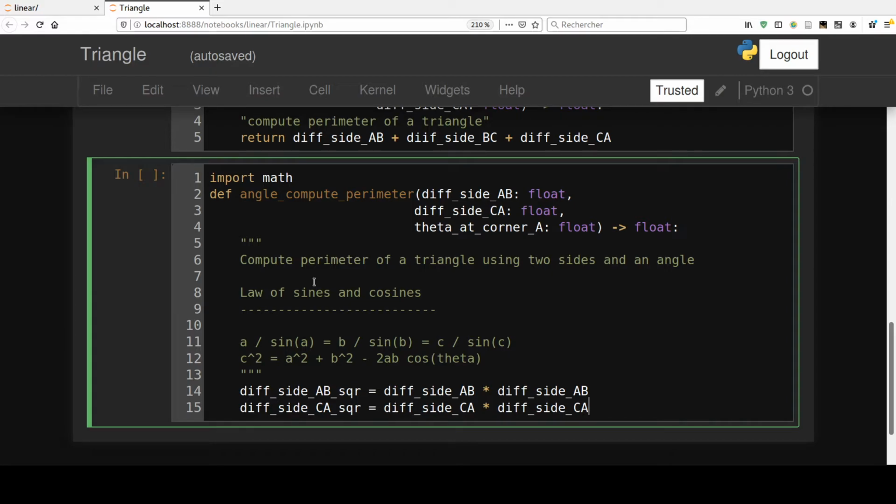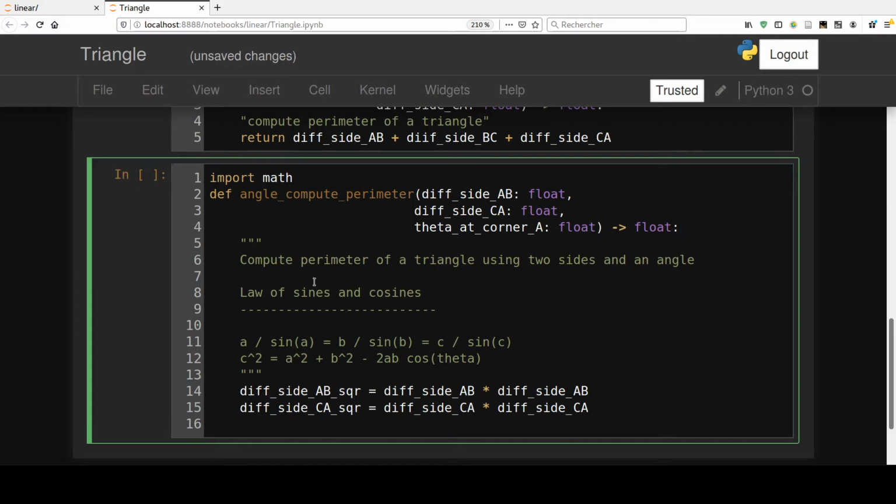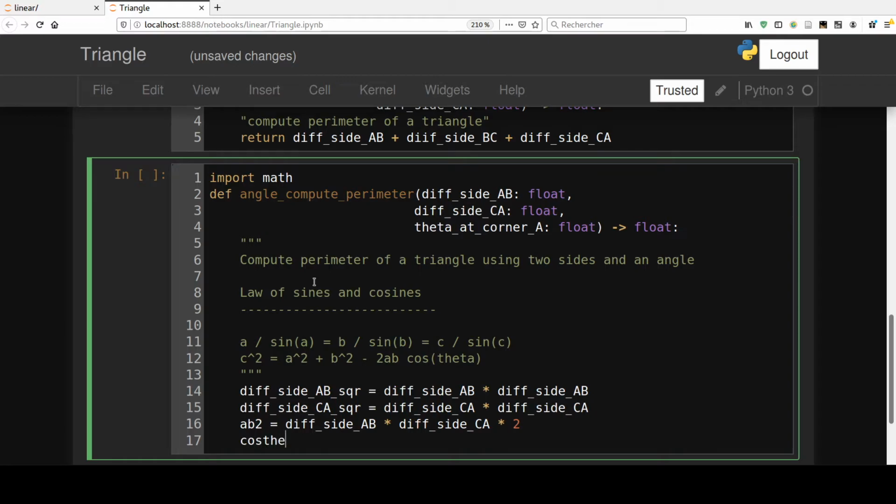So let's also compute the 2AB. AB2, this is diff side AB times diff side CA times 2, of course, and let's compute the cos theta.